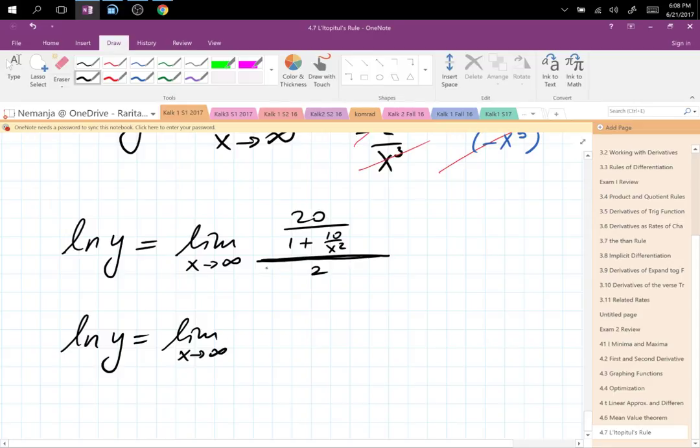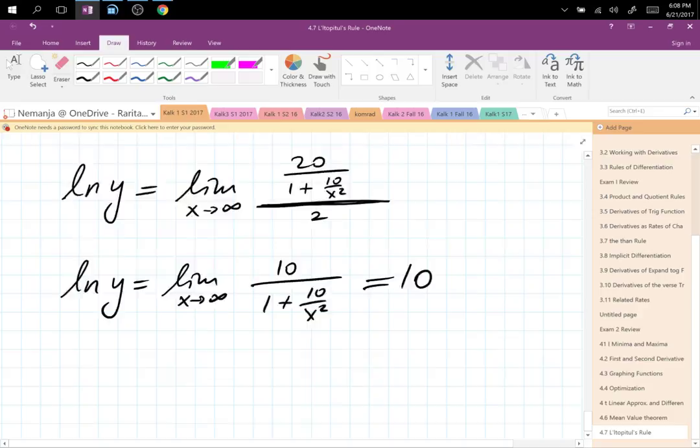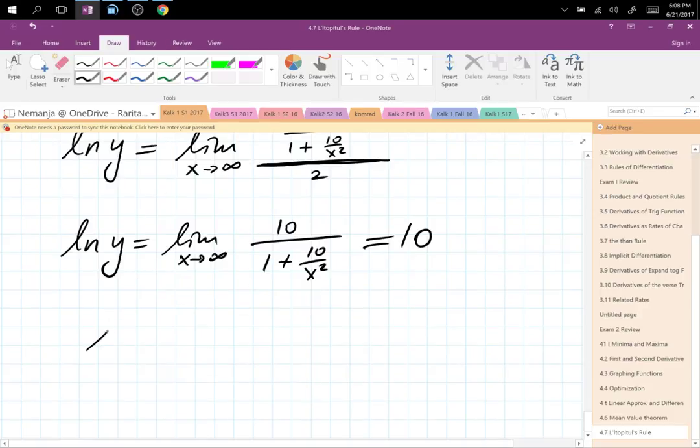All right, so what do we have here? This is divided by 2, so that's just going to be 10 divided by 1 plus 10 over x squared. When you plug in infinity, the whole thing becomes 10. And we have ln y is 10. We e both sides, and we have y is equal to e to the 10.